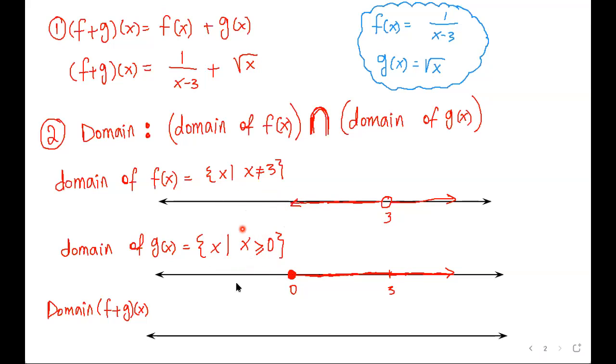They intersect only from the 0 to infinity, but we have to remove this point, because 3 is not intersect at both lines. So the domain is from 0 goes to infinity, but here we have to remove the 3, then continue to infinity.